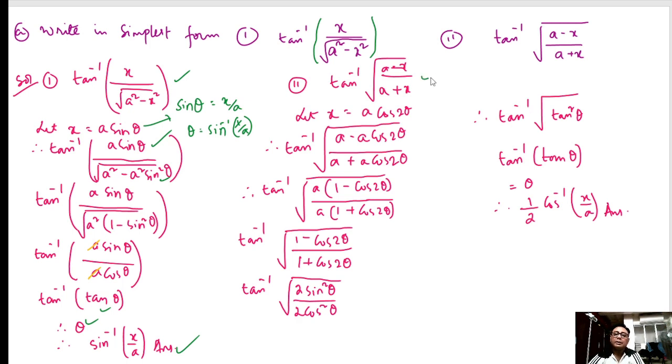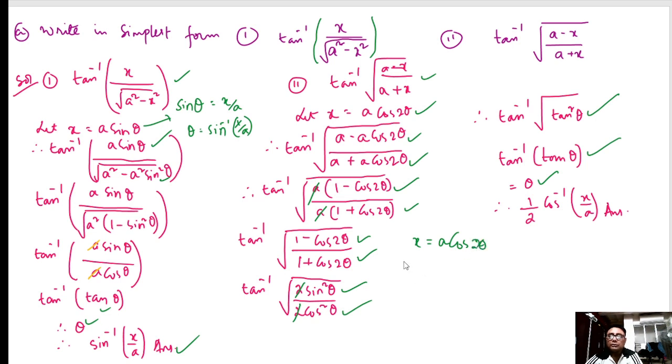Next, in this sum, let x equal to a cos 2 theta. So this we have written, taking a common, which cuts out. So 1 minus cos 2 theta by 1 plus cos 2 theta. The 1 minus cos 2 theta formula is already given, and the 1 plus cos 2 theta formula is given. Again 2 and 2 will cut. So it is tan square theta, which is tan theta, which is theta. Now from here, please note it was written as x equal to a cos 2 theta.